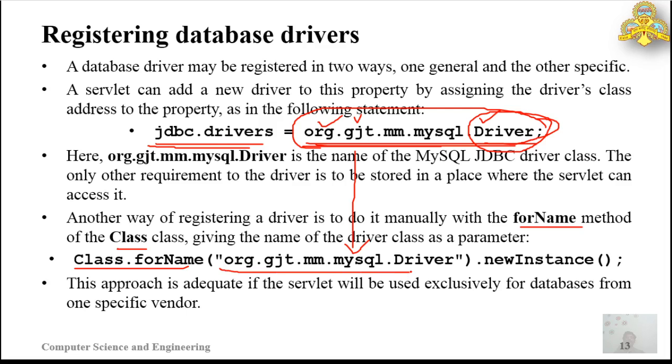I will provide it in string format, and I am creating the instance of this class, that is newInstance. This is suitable only if we are using the same type of database from a specific vendor.